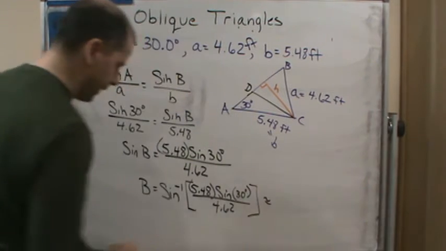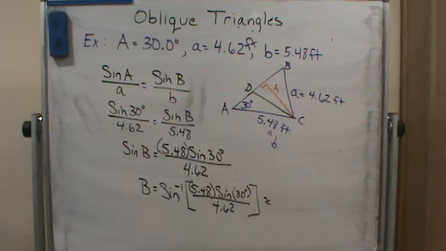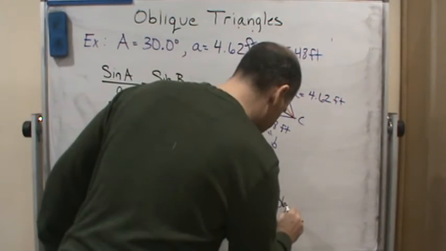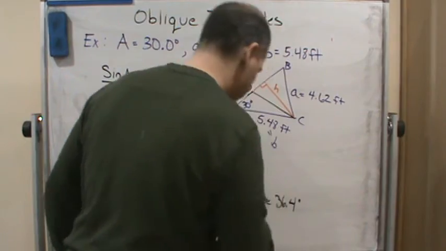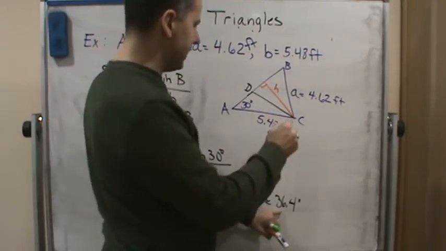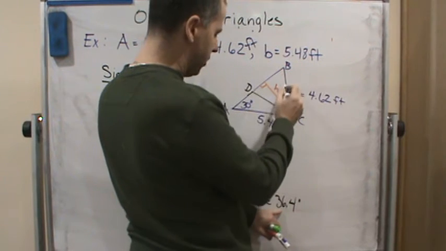And if I stick this in my calculator, I get B is approximately 36.4 degrees. Okay, great. So 36.4 degrees is going to be this one because this is the acute angle.